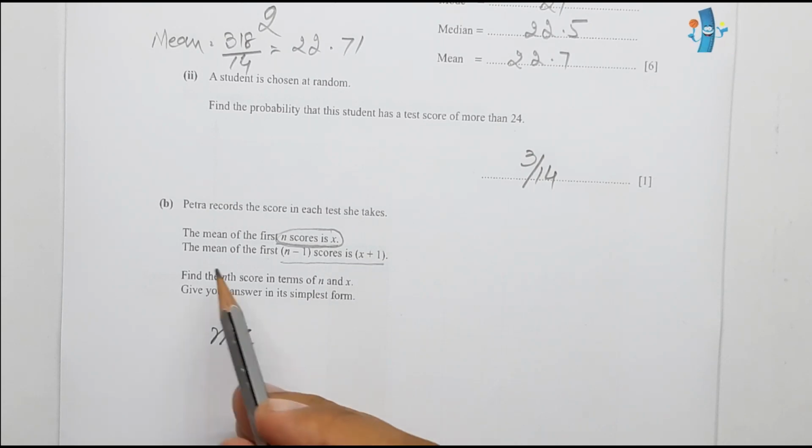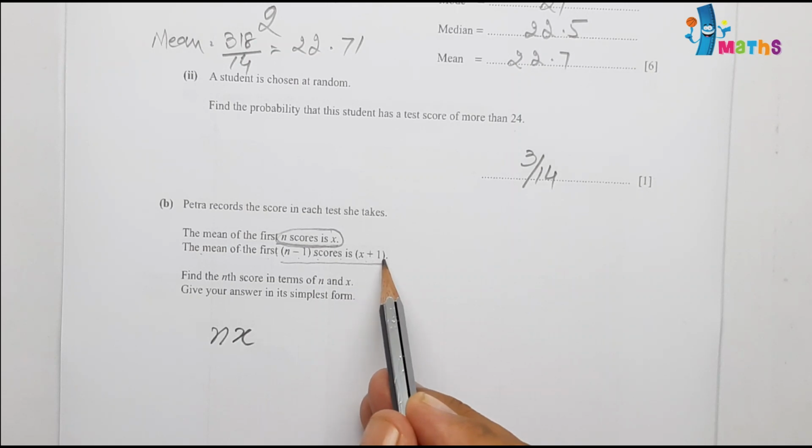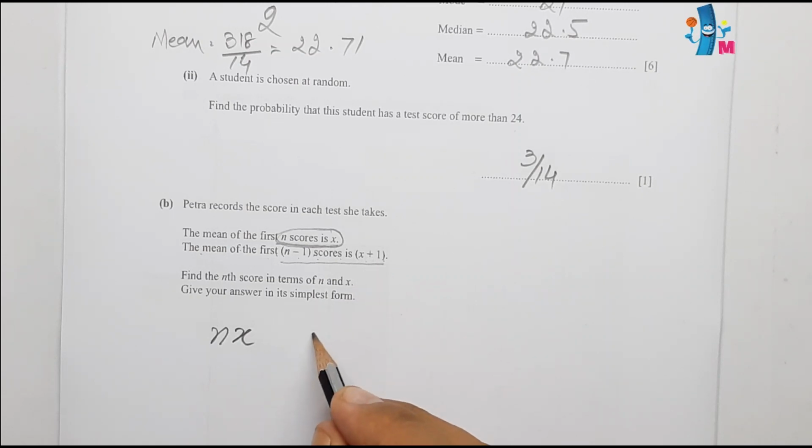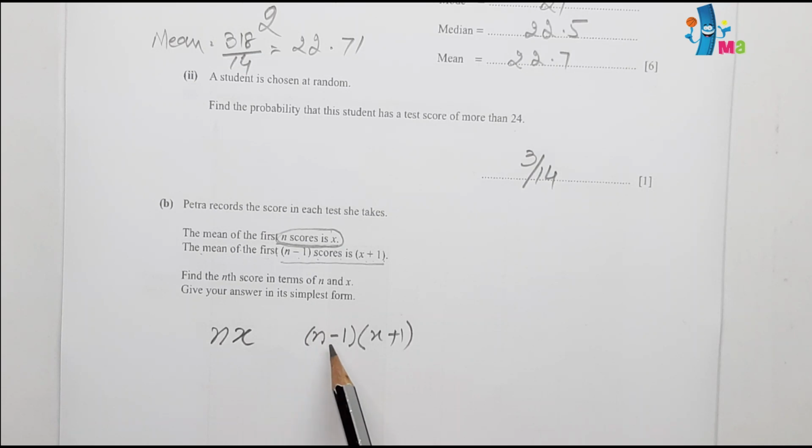Then the mean of the first n minus 1 scores is x plus 1. So n minus 1 into x plus 1, this will be the mean value multiplied by the scores, and find the nth score in terms of n and x.